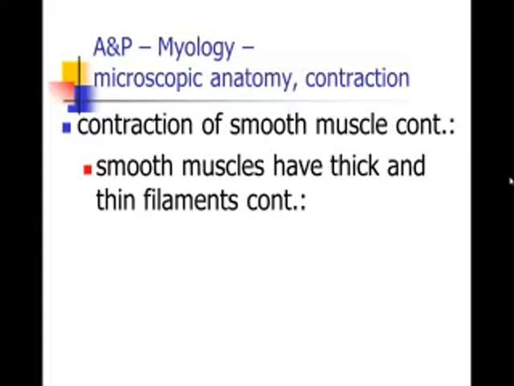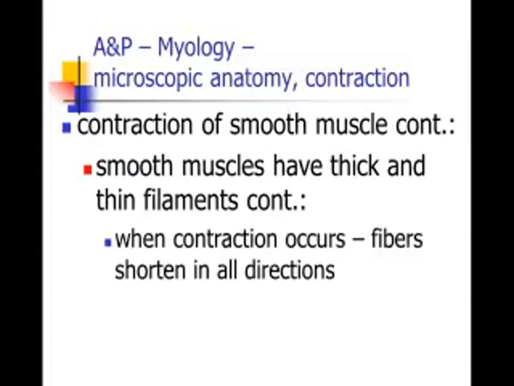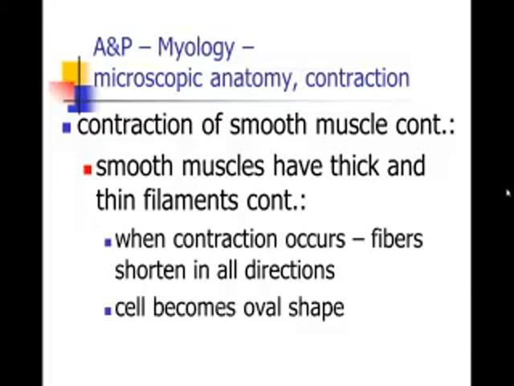When the contraction occurs, the fibers are going to shorten in all directions, because they're not arranged in an orderly fashion as they are in the skeletal muscles. They're all at random directions, with varying amounts of overlap. When that happens, the cell starts to become more oval shaped instead of that tapered shape. So the entire muscle shortens all at the same time.